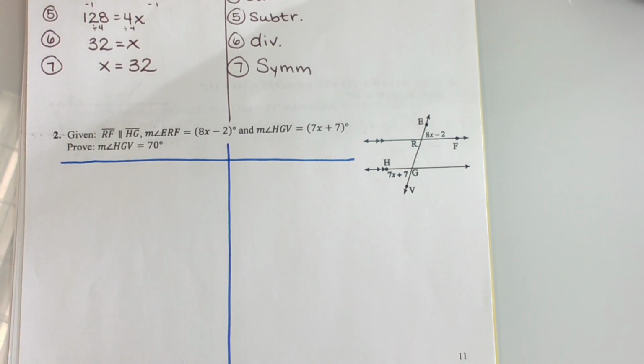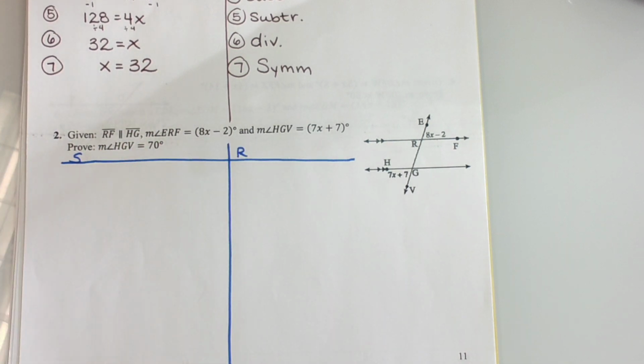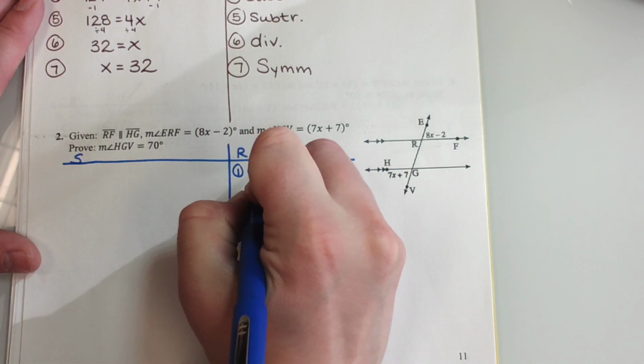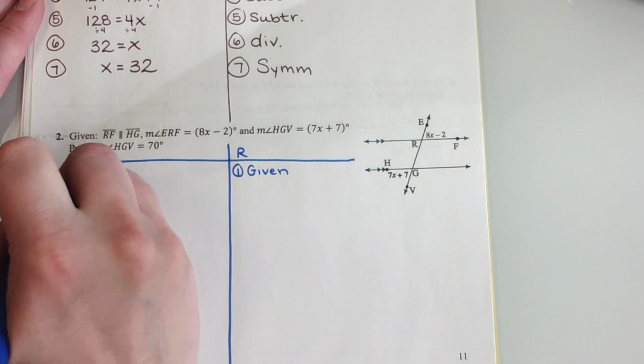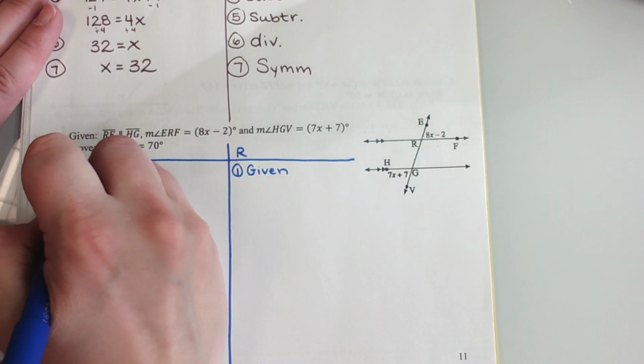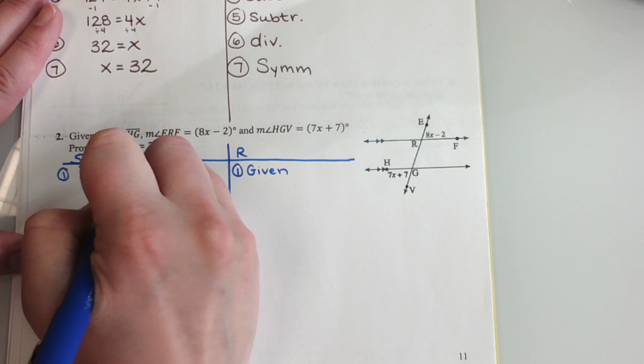Moving on. I got 2 columns. They are S, they are R. And every single proof, regardless of the proof, starts with what? Givens. I have 3 givens here. RF parallel to HG.